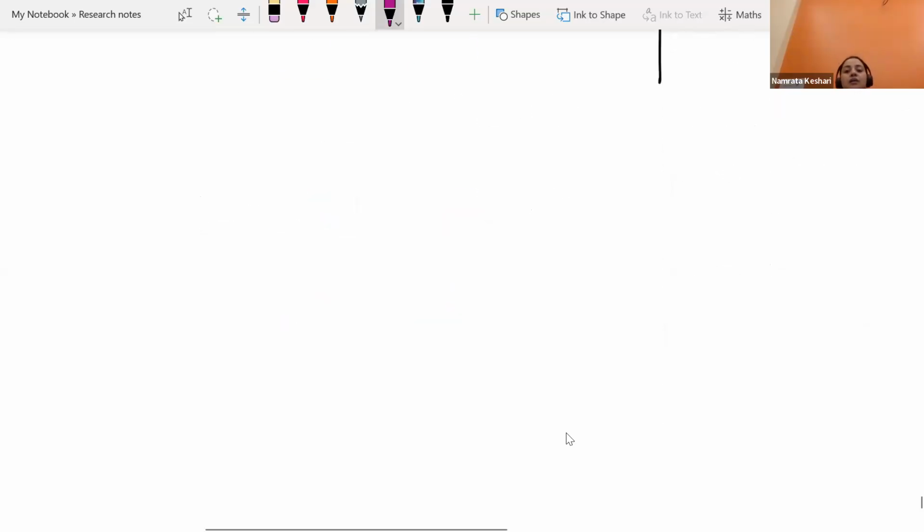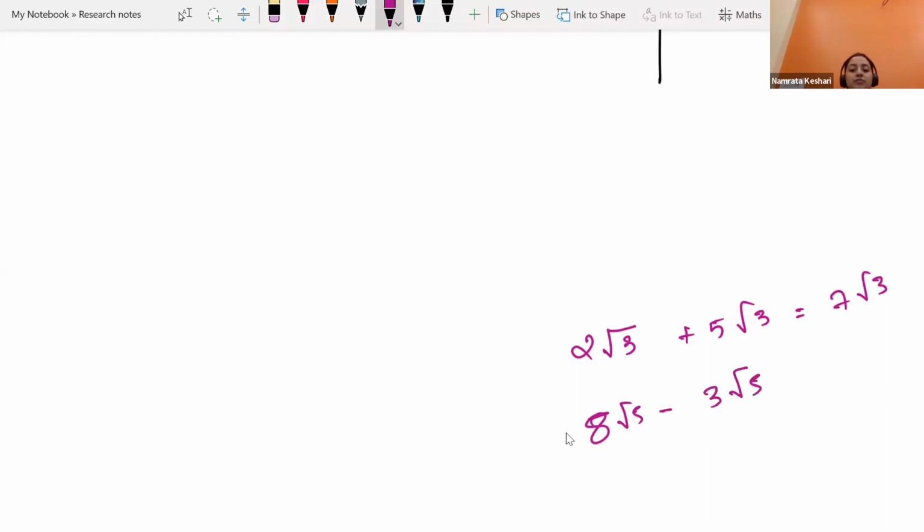Because in the real numbers chapter you have learned the concept of irrational numbers, addition of irrationals, subtraction of irrationals. You understand that 2 root 3 plus 5 root 3 is 7 root 3, or 8 root 5 minus 3 root 5 is 5 root 5. So when we are adding two numbers which have a square root, only then does our result have a square root.